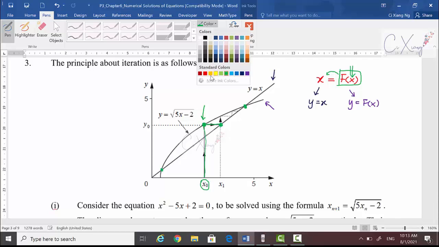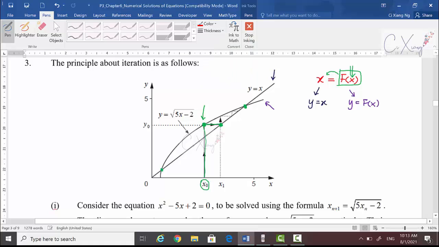Okay, then now you want to repeat this process. That means now this value itself, if I look at the x here, I make it as x1. The next value is x1.